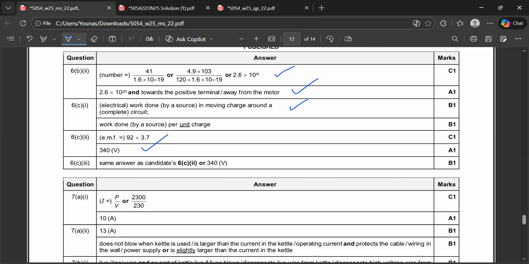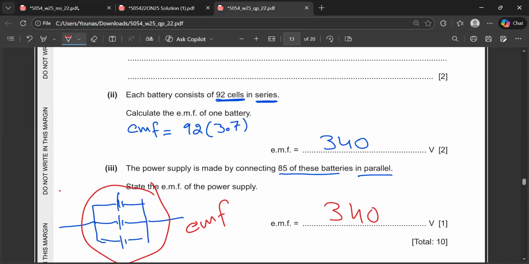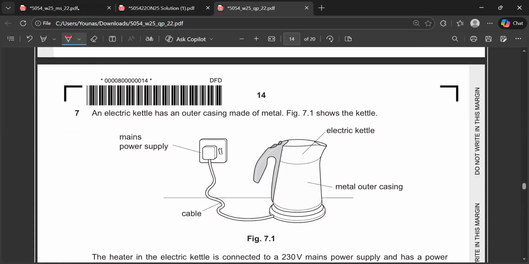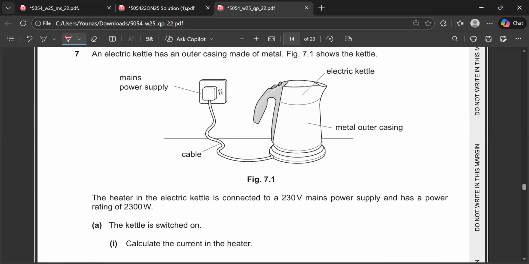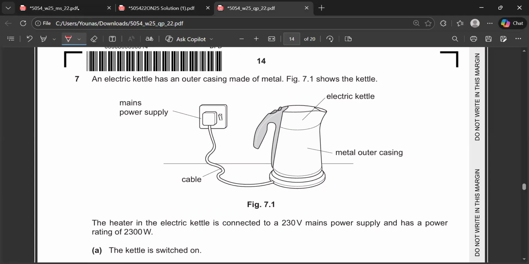Question number 6. Now we have question number 7 coming up on your screen. He says an electric kettle has an outer casing made of metal. Figure 7.1 shows the kettle.